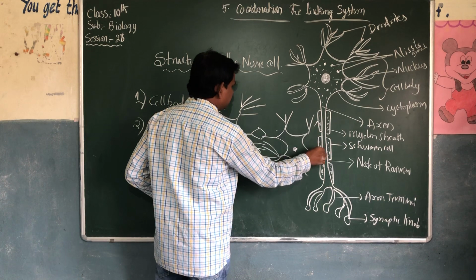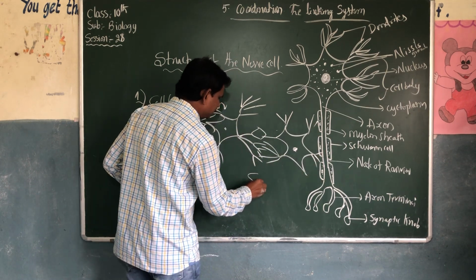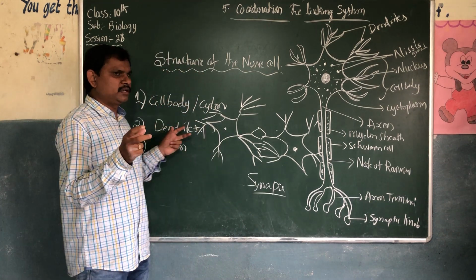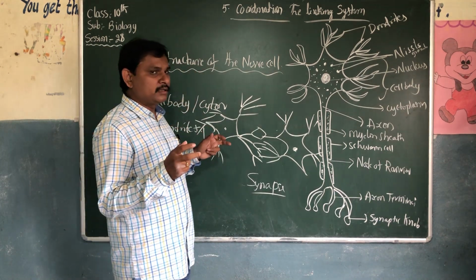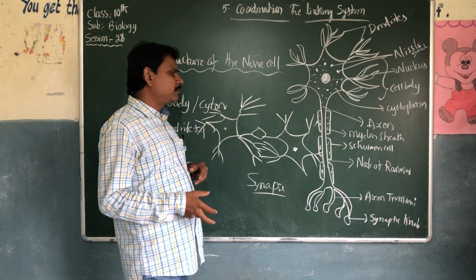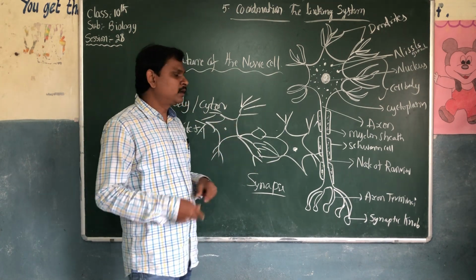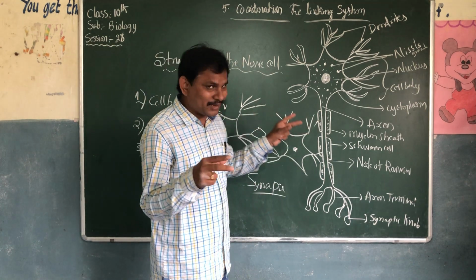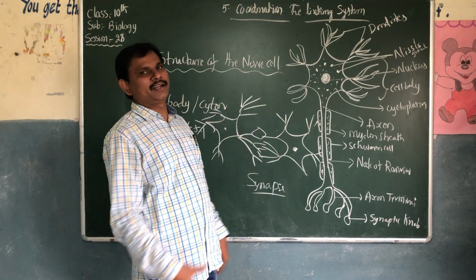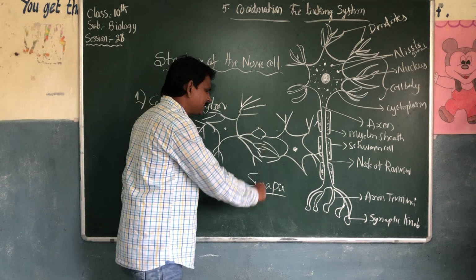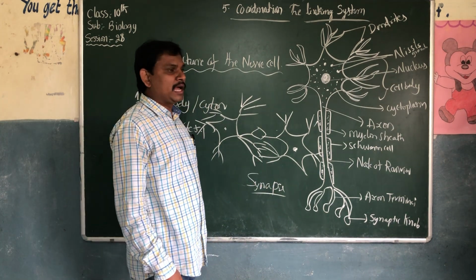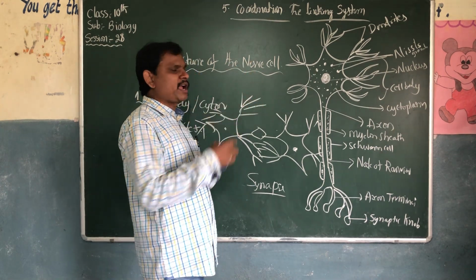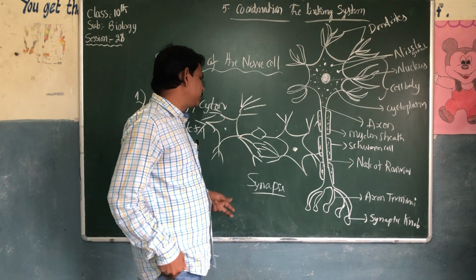They are called synapse. One nerve cell is attached to the other nerve cell by dendrites to dendrites, or axon to axons, or dendrites and axons, or axons and dendrites. They are called synapse. What is synapse? One nerve cell attached to another nerve cell by the dendrites. This connection is called synapse.